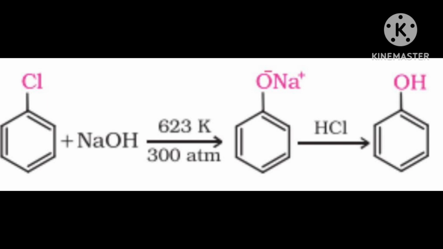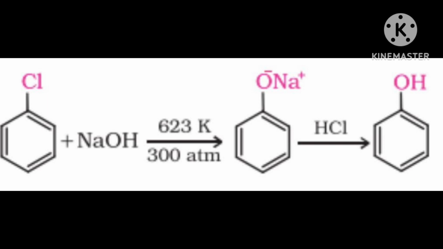It forms ONa, actually NaOH. Then NaO is minus, H is plus. Cl is also minus. Hence NaO will substitute Cl, meaning Cl will go out and in its place NaO will come.